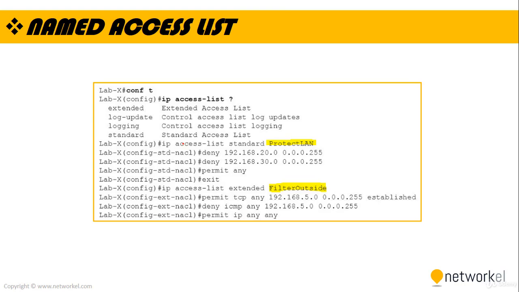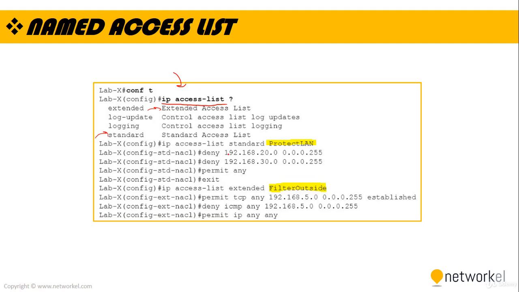Alright, here is how we can configure a named access list. To configure a named access list, we type the ip access-list command, and we choose whether we are going to use an extended or a standard access list.